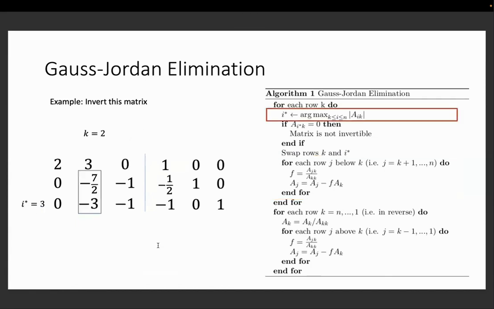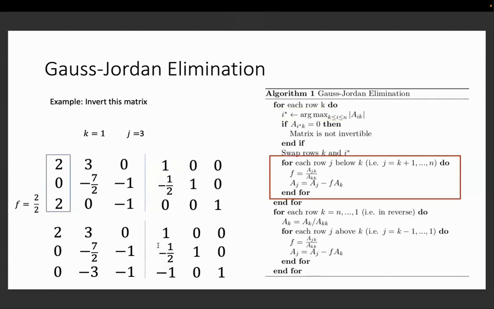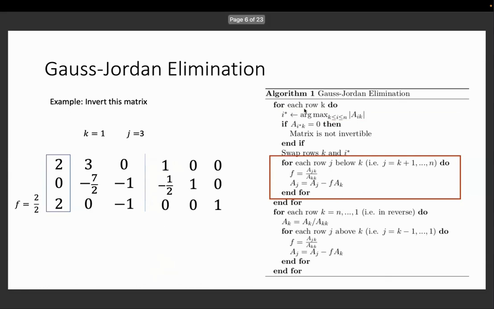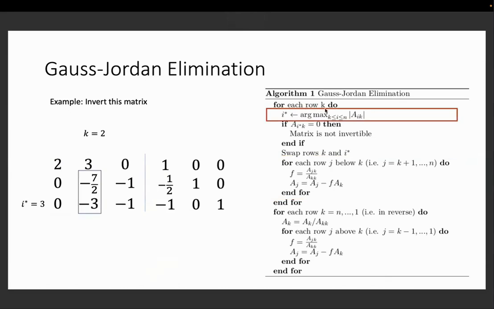So for this, now we need to go for the next step for this loop, and then you can see that k is equal to 2 now, and then we want to find the maximum value that we have in the second column for rows that we have below the k.